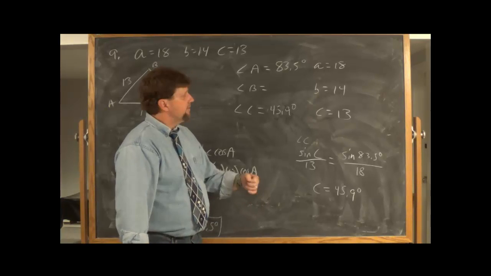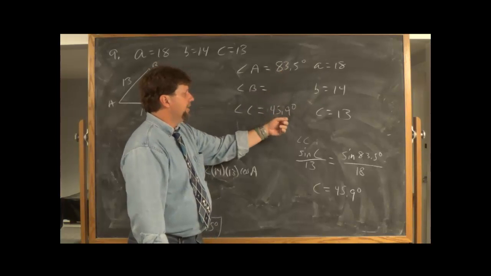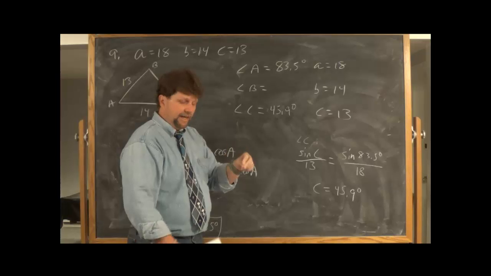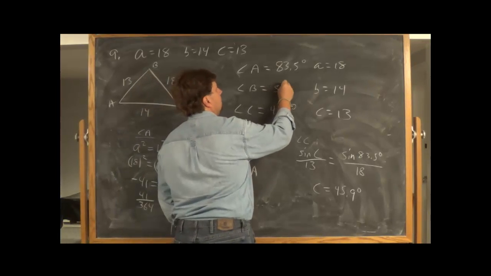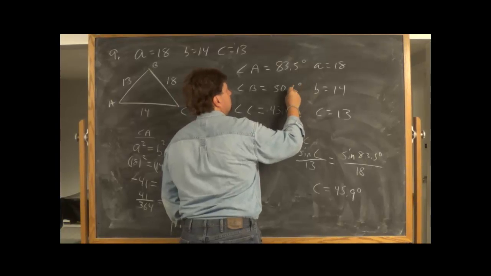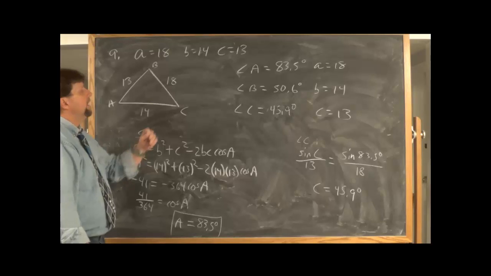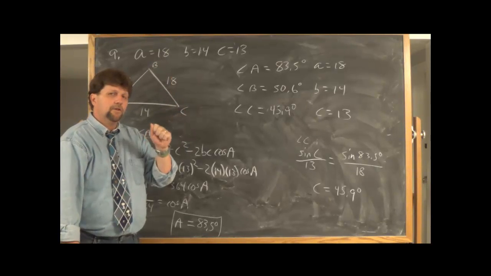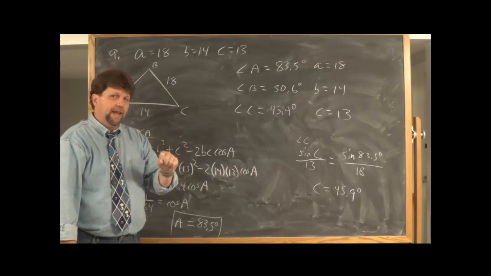And then finally, let's finish the problem. To get angle B, simply add angle A and angle C, take that sum, subtract from 180 degrees, and you'll get angle B is 50.6 degrees. So, if you're given the measure of three sides, use the law of cosines, find the largest angle first.